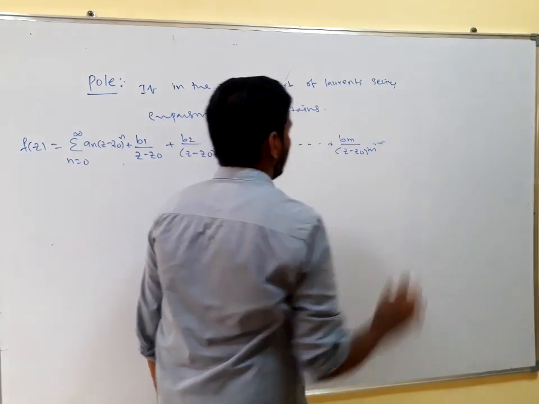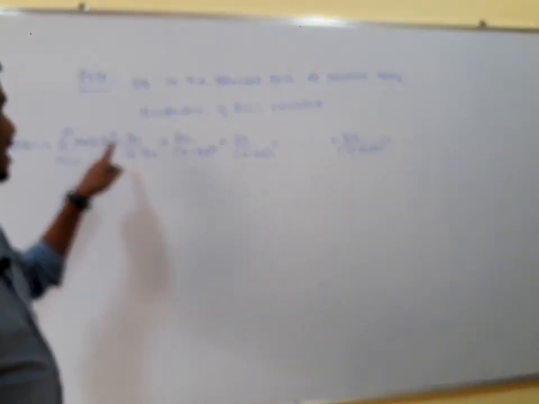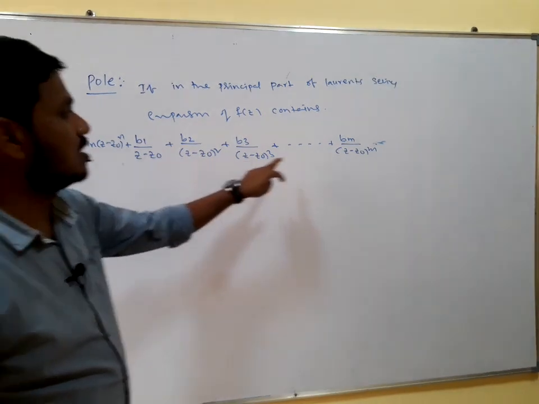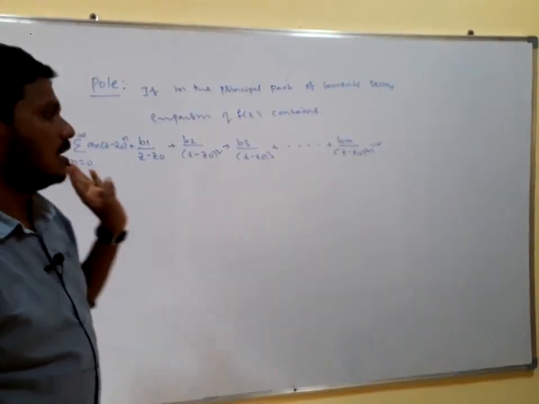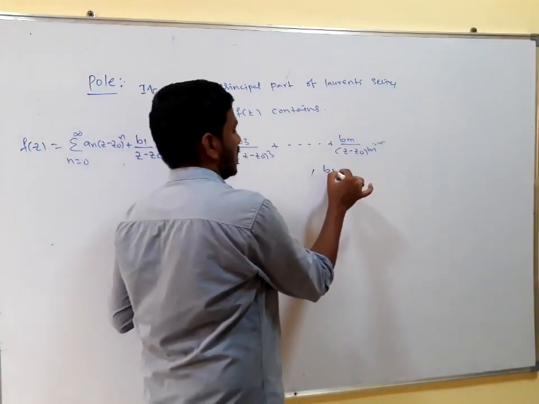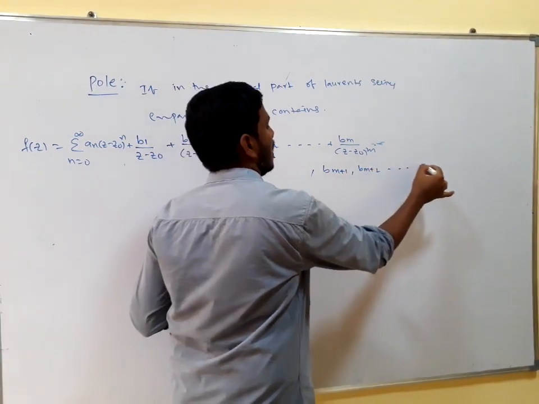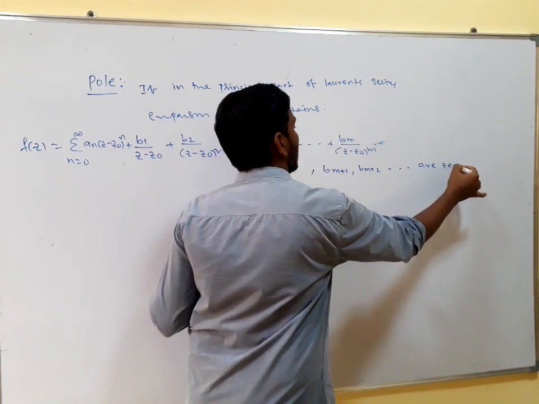Only up to this term. The principal part of the Laurent series expansion of f of z contains how many terms here? 1, 2, 3, and so on, m terms, right? Here bm plus 1, bm plus 2, and so on are zeros, right?